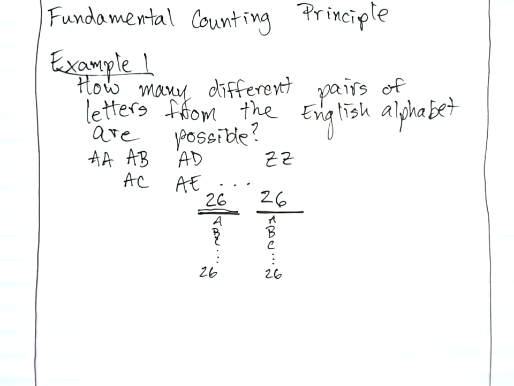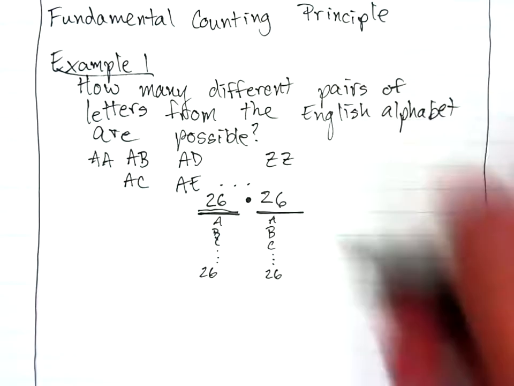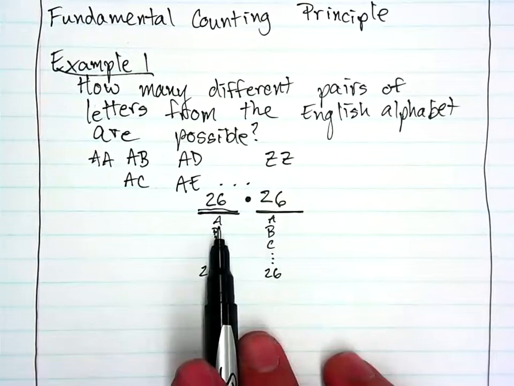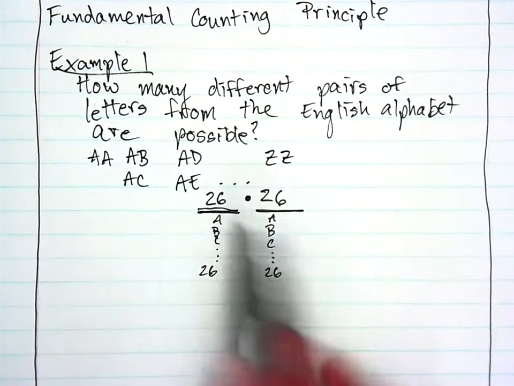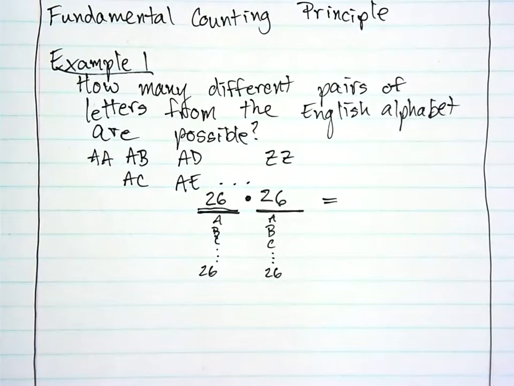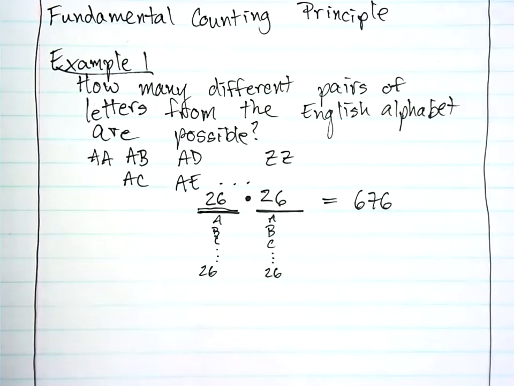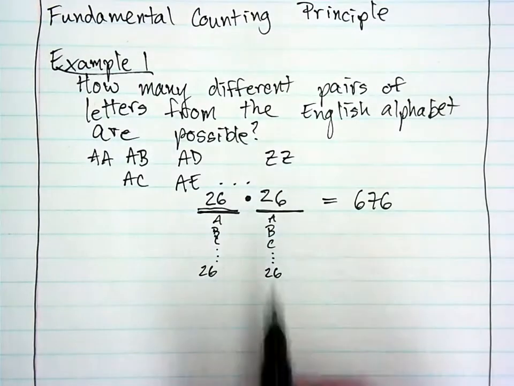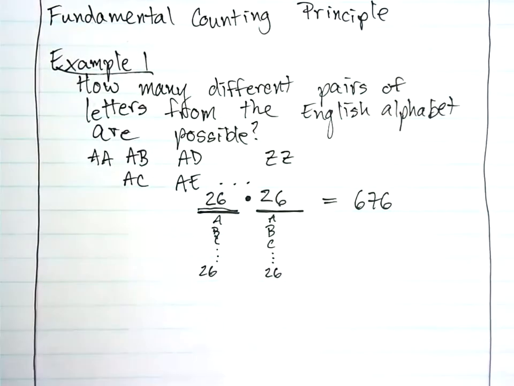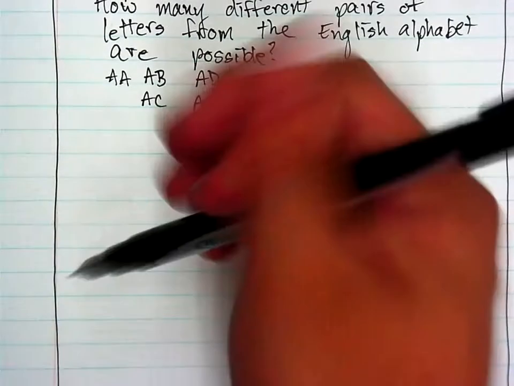Here, I also have 26 letters to choose from. In order to count the number of possible pairs of letters using all of the letters from the English alphabet, the fundamental counting principle lets me multiply the number of possible letters for each slot to give me my answer. In this case, 26 times 26 will give me 676. So, there are 676 potential pairs of letters in the English alphabet. Okay, so that's example 1, using the fundamental counting principle.